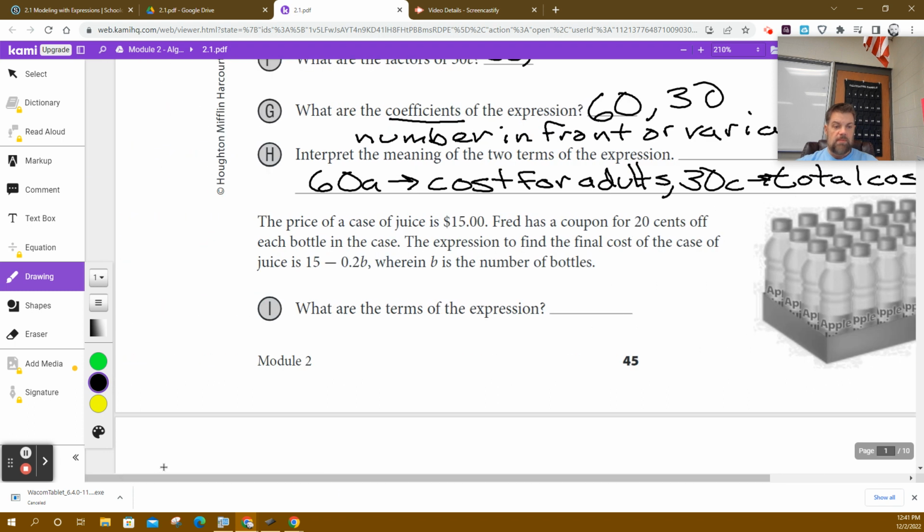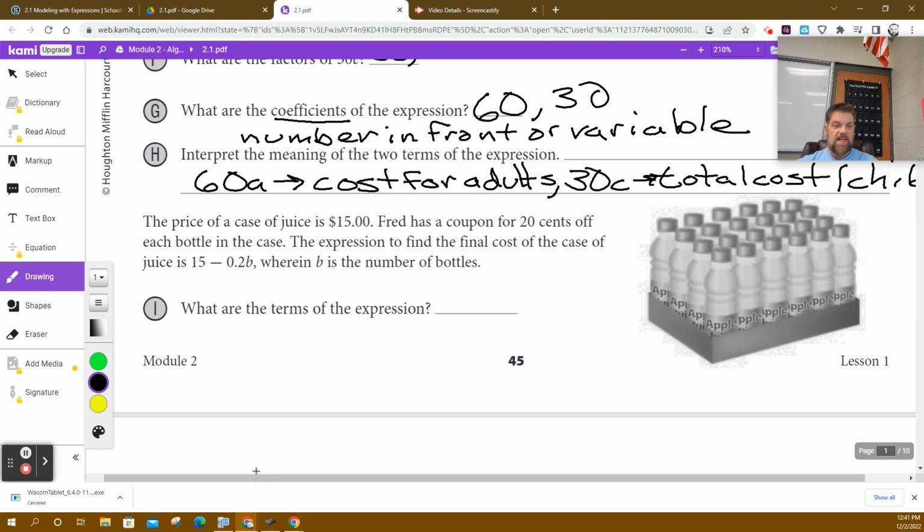Real quick, let's do this last one here. It says, what are the terms of this expression? Well, let me read the thing. It says, the price for the case of juice is $15. Fred has a coupon that is 20 cents off for each bottle in the case. Next, the expression to find the final cost of the case is 15 minus 0.2 times B, where B is the number of bottles.